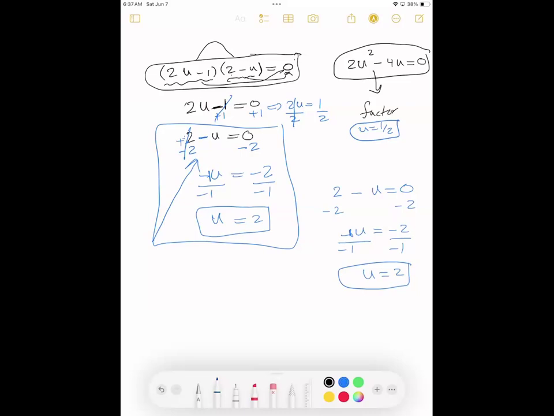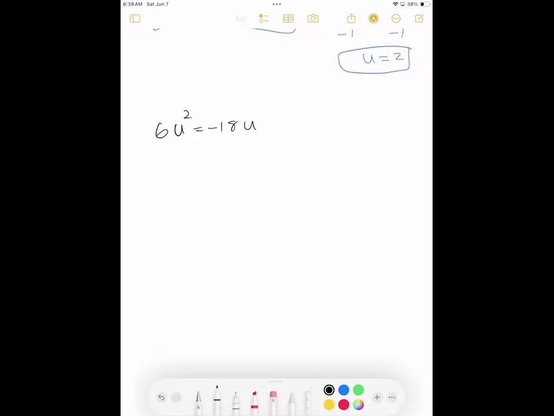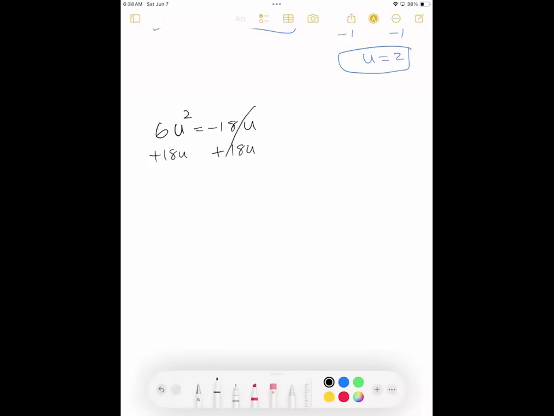We are going to solve this equation. To solve this equation, we are going to move everything into one side. So we are going to add 18u to both sides, because 6u squared plus 18u is equal to 0.